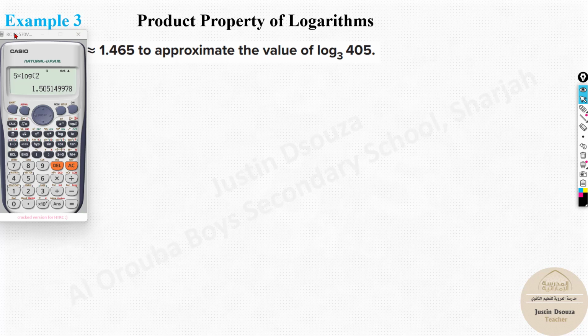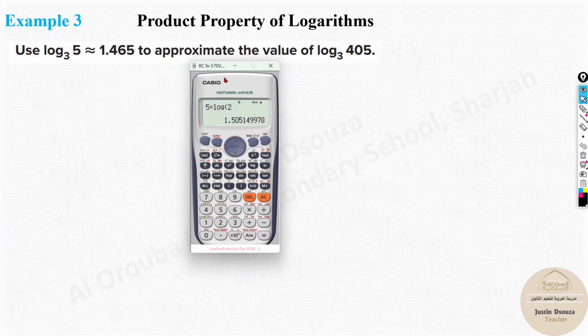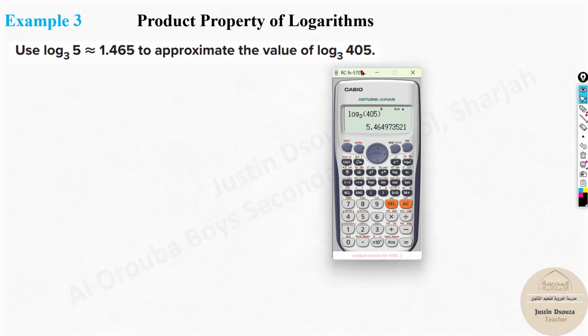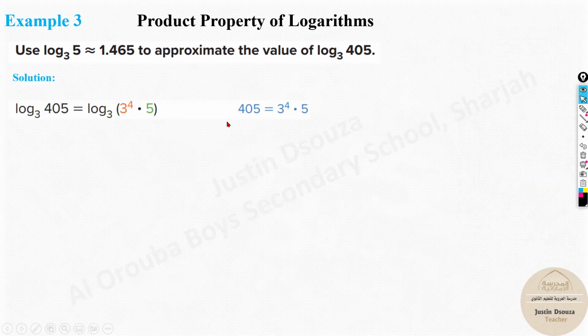So now, how do we solve these problems? Obviously you can directly jump in. They have given you one answer and told you to solve for this. Since you have your calculators, you can directly type it out, log base 3 of 405, because it's log, you can just do it. The answer would be this. Otherwise you need to get 405 in terms of the base given to you, because you can't just have any number.